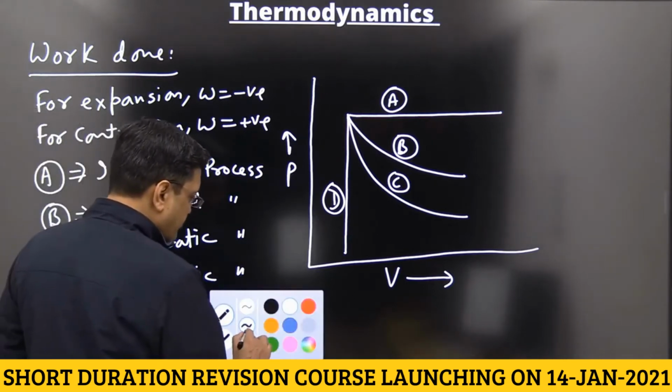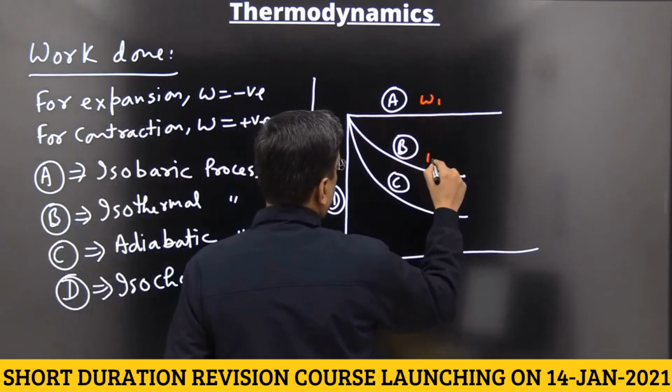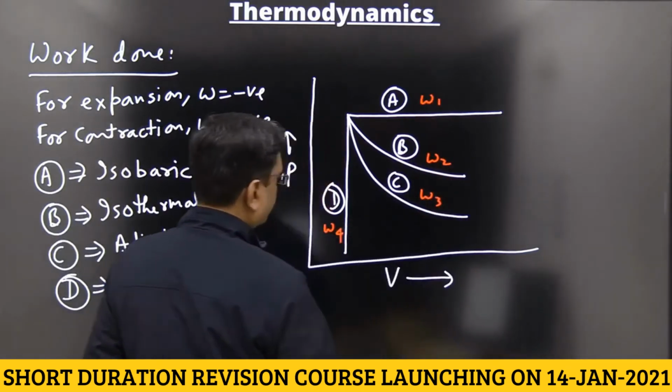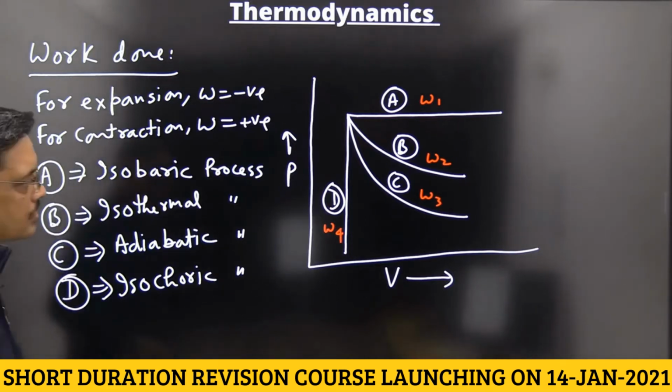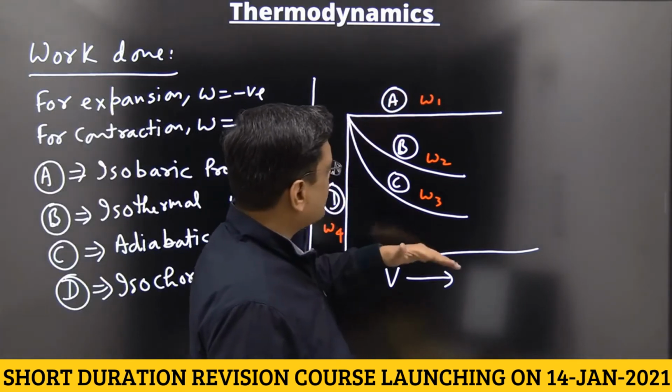Supposing that the work done is W1, W2, W3, W4. So what is the order of these work done without any calculation? We know that area under the PV curve is the work done.